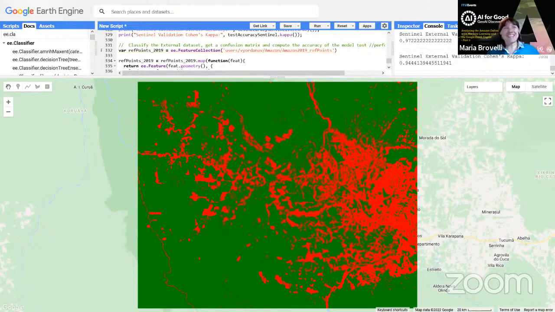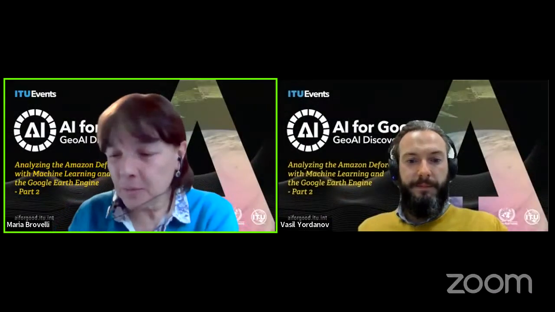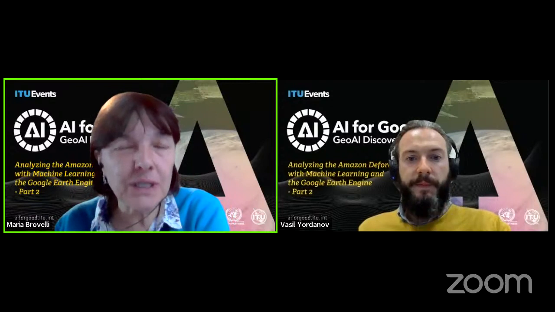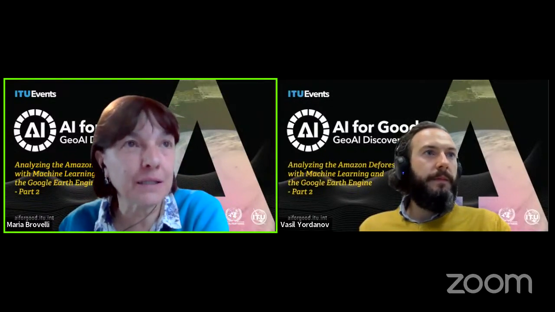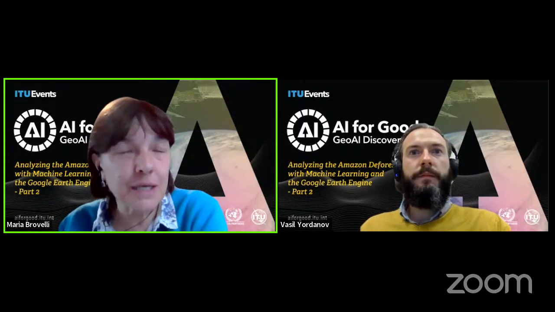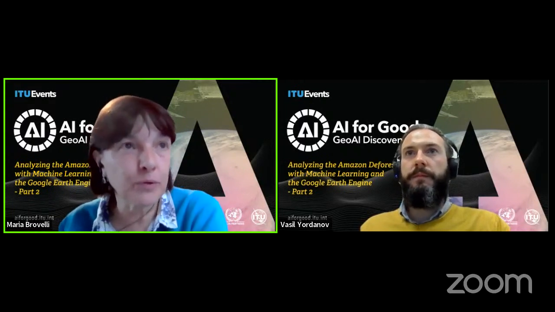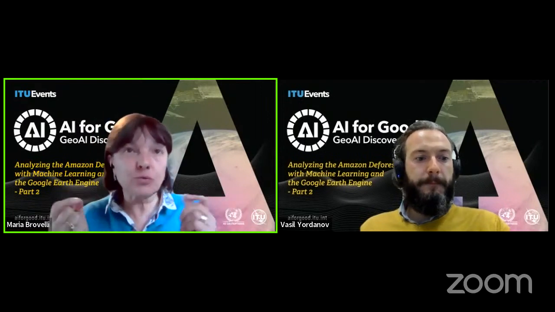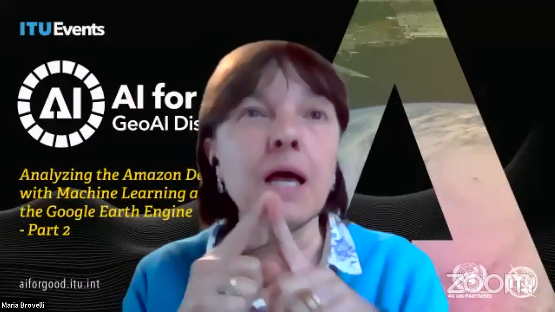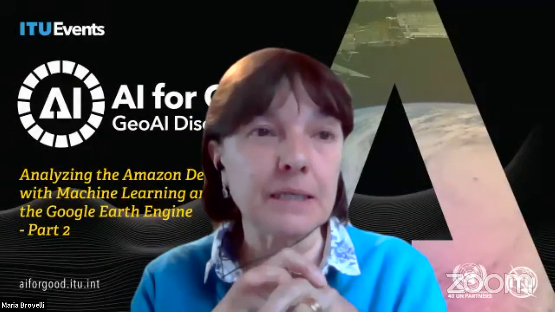Okay. Yes, thank you, Vasil. And I just want to add one point, because in this case, we decided to use a unique training data set for both images and the testing data set for both images. So with respect to that, we have to be sure that the situation in those points has not changed in time.